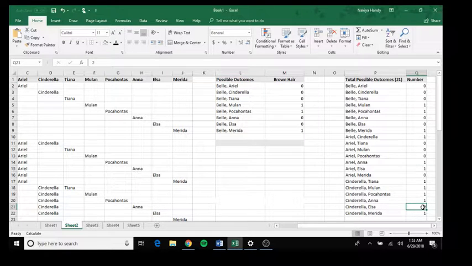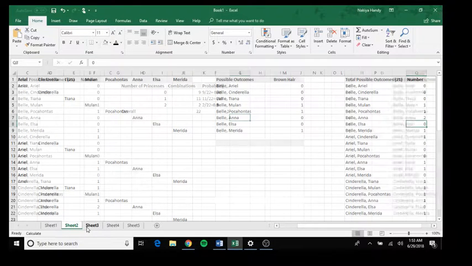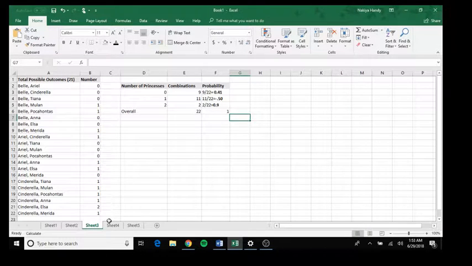Actually, that is a typo. It's Belle and Anna with 2. So next over here, I just copied and pasted my possible outcomes chart to do the combinations and probabilities.